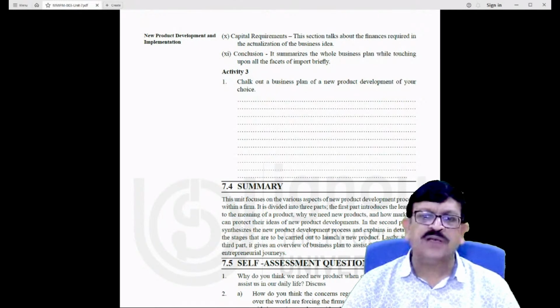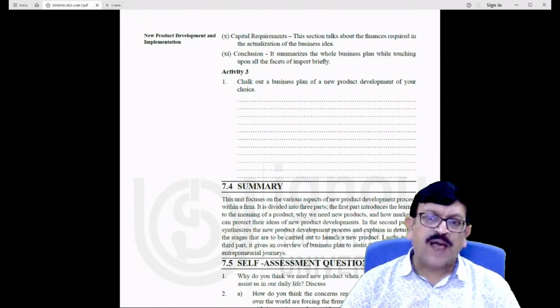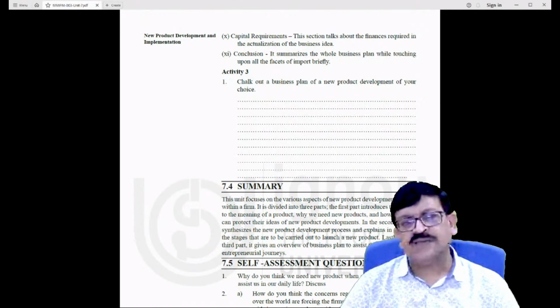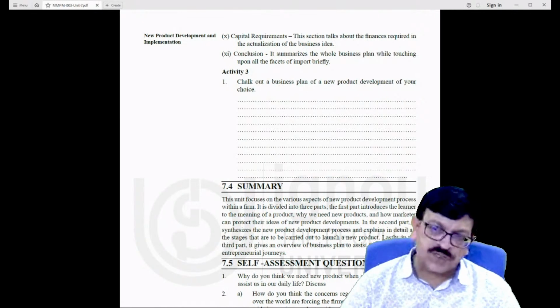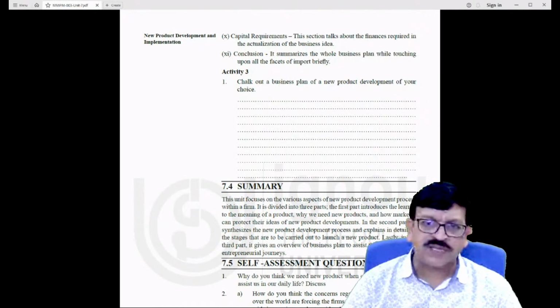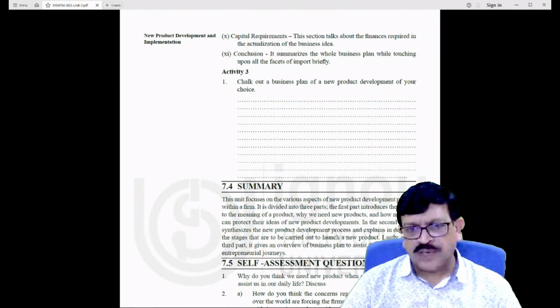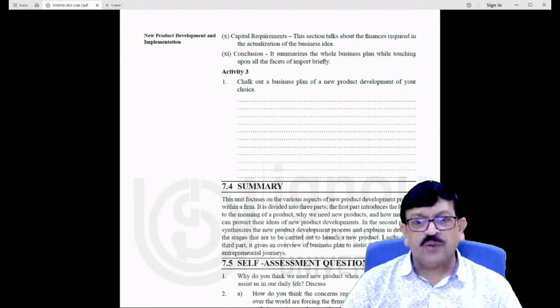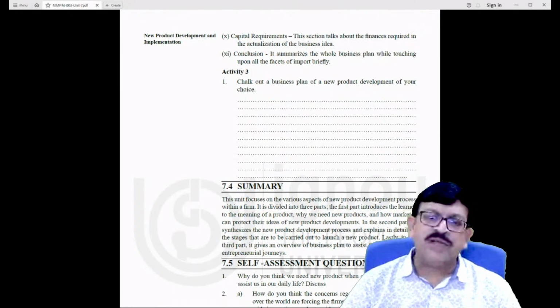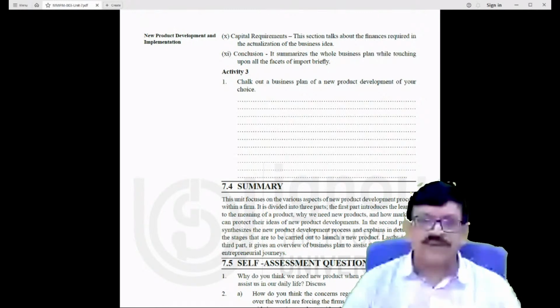There are different testing mechanisms. After the test marketing results are in, if some areas need to be toned back, say the packaging has to be changed or the promotion has to be carried out in a different format, we look into that and ultimately go for the commercialized entry into the marketplace.